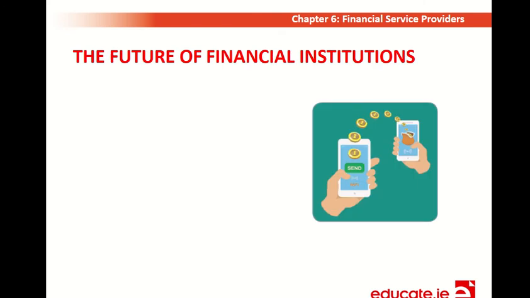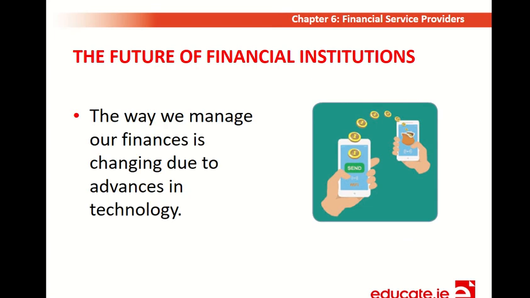Okay, so the future of financial institutions, as I said, it's all technology based, all right, so apps, phones, even you can use your phone to tap now like you would a card once it's set up and you put it in on an app. But also on your Fitbit watch, for instance, or your Apple Watch, you can do the same, okay, once it's PIN protected.